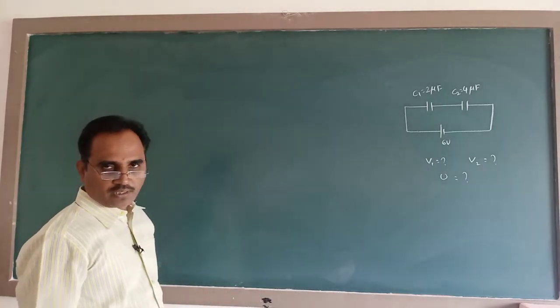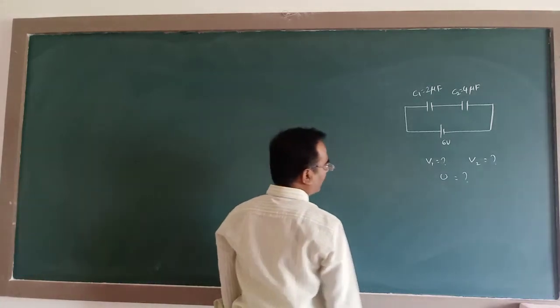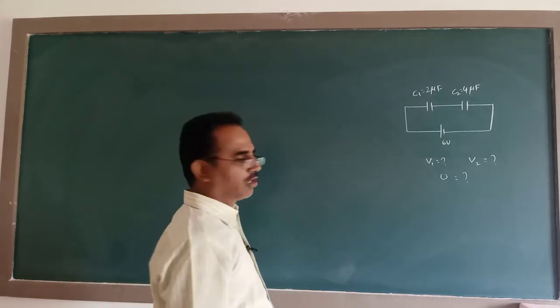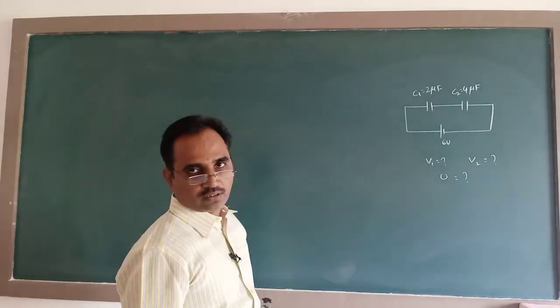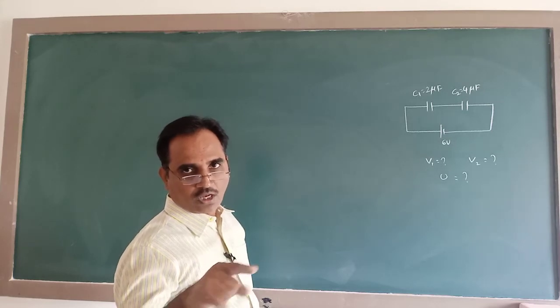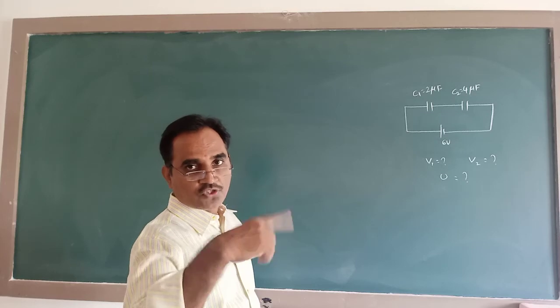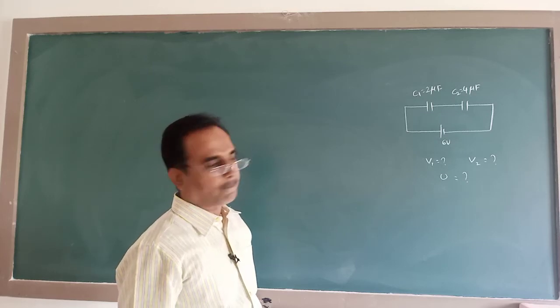This problem can be solved in a number of methods. The easiest way is by using the principles of series connection. You know that in series charge is the same, and applied potential difference is distributed in the inverse ratio of their capacitance.